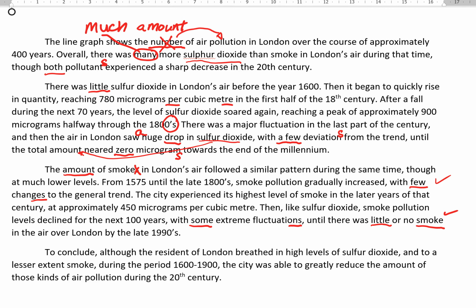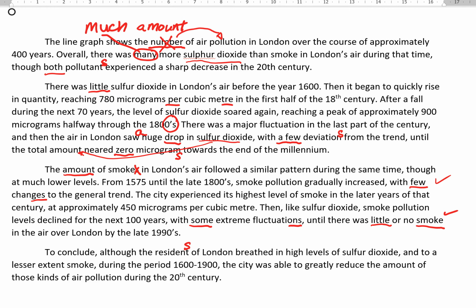To conclude, although the resident of London, hold on. Only one resident of London? No. This is, look out for the plural, right? The writer forgot to put the plural s here. The residents of London. In general, in academic English, we like to use plural nouns if possible.